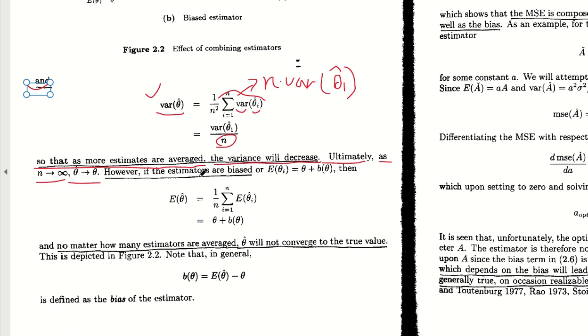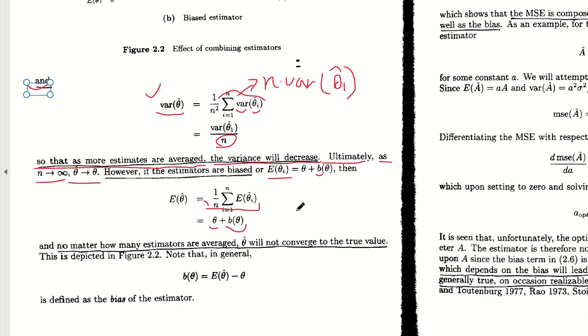However, if the estimators are biased, let's say the expectation of theta i hat is equal to theta plus some kind of bias, then you do the same thing and you get theta plus bias.